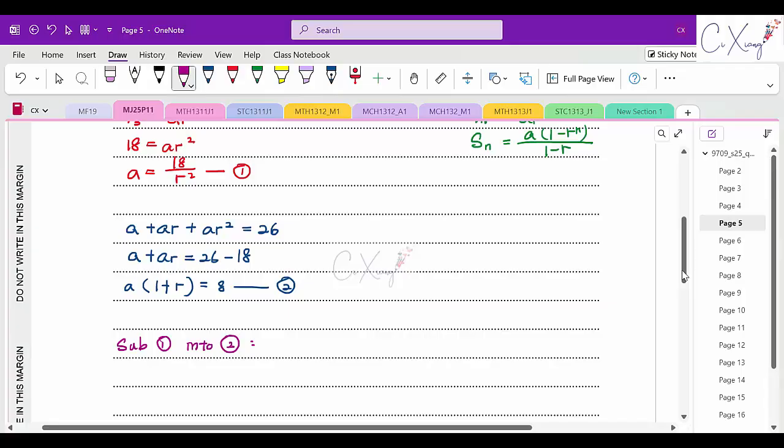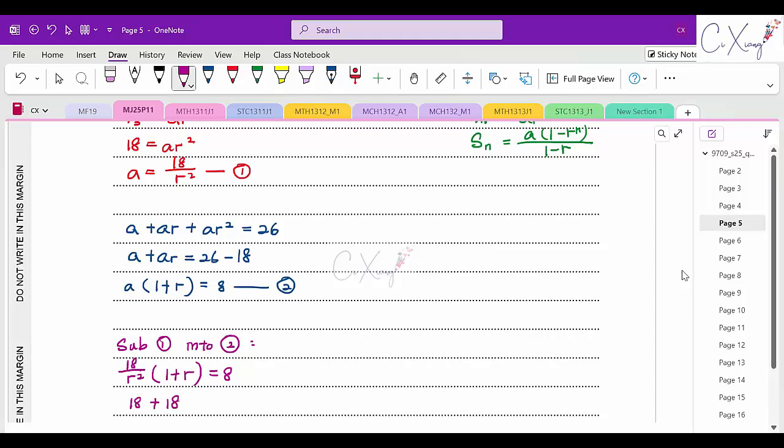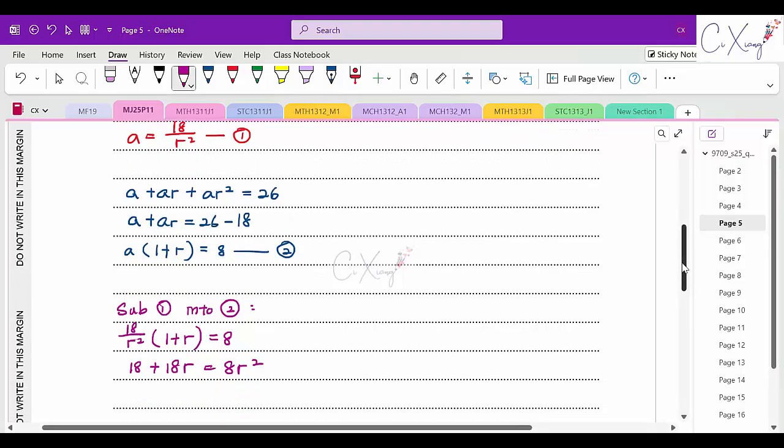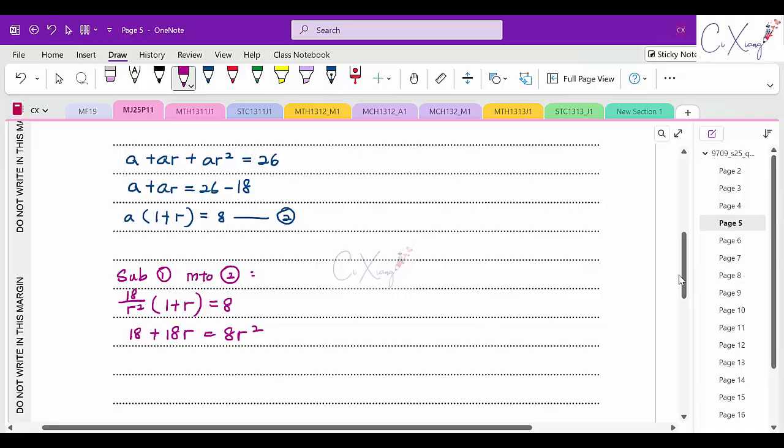A is 18 over R squared, multiplied by (1 plus R) equals 8. I want to get rid of the R squared, so I multiply R squared to the other side. I get a quadratic equation in terms of R, and I simplify and move everything to one side. I have 4R squared minus 9R minus 9 equals 0.